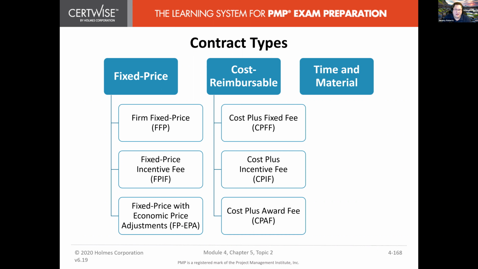But then we have this other one here, a fixed price incentive fee. This one's a little different. So we have our fixed price, but then we have an incentive at the end, and if I'm remembering what the book says, and I'm trying to put it into different terms.